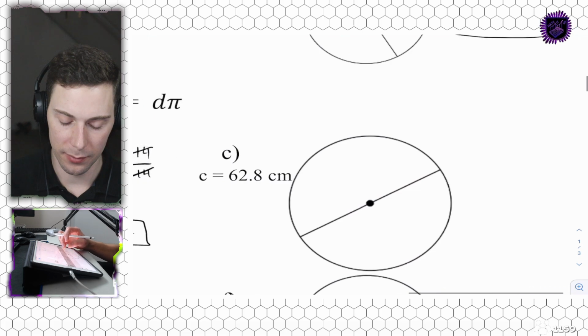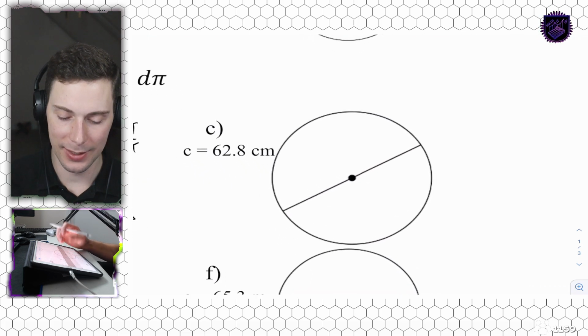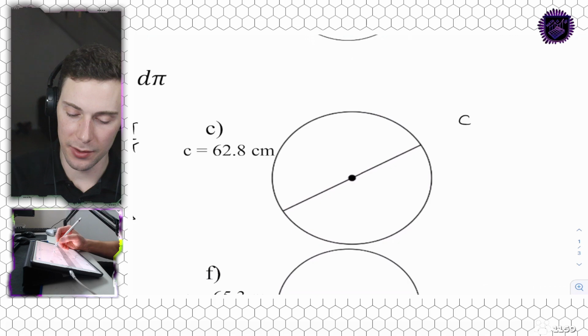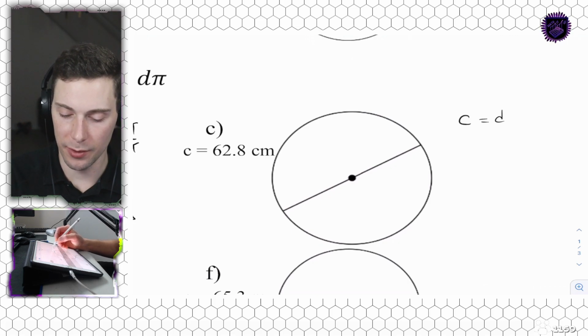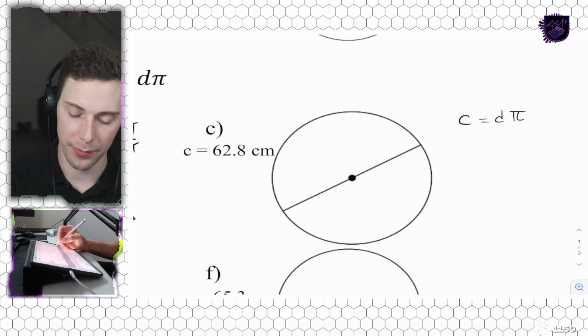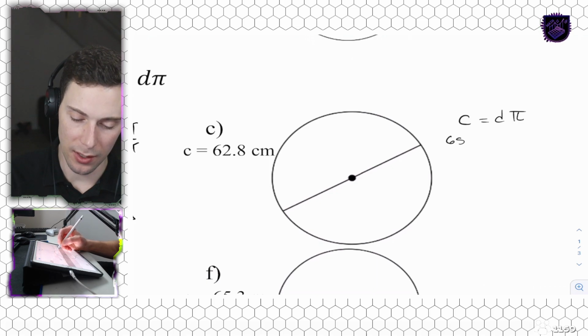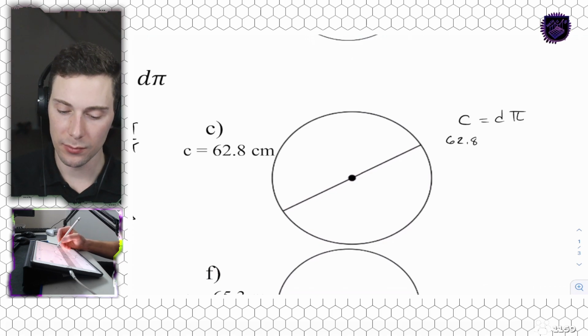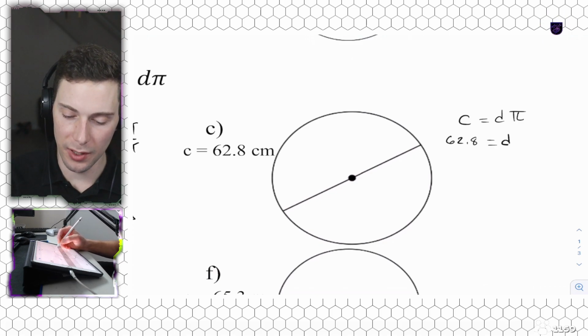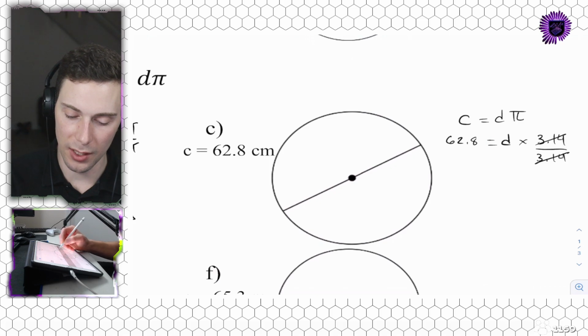Number 3C. Our circumference is equal to diameter times pi. Our circumference is 62.8, and that will be equal to something that we don't know times 3.14. We simply divide by 3.14 on both sides to keep it a balanced equation.